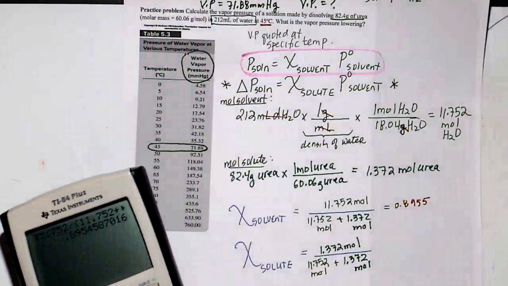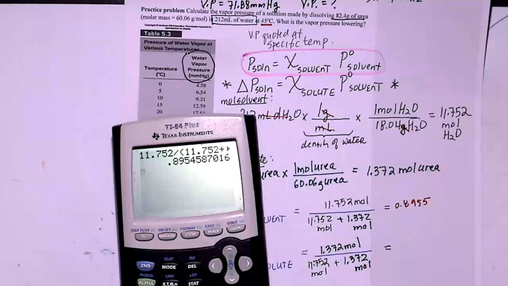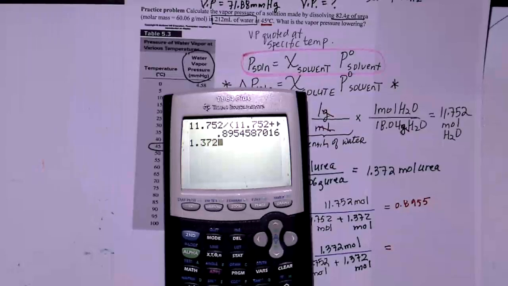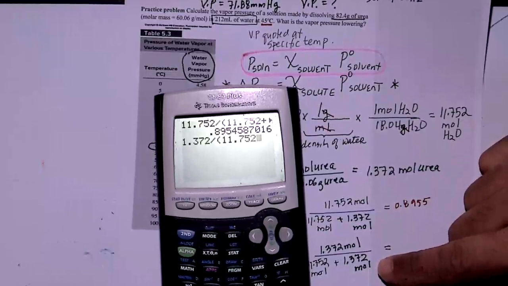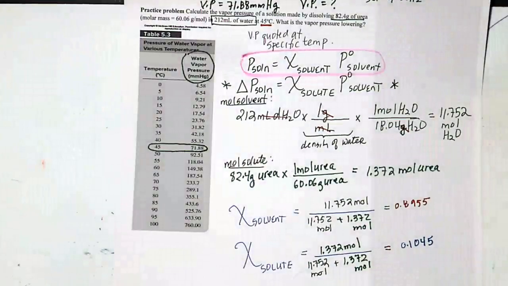And then just for kicks, let's calculate the mole fraction of the solute, divided by the sum of this. I'm getting about 0.1045. I just carry an extra digit there.